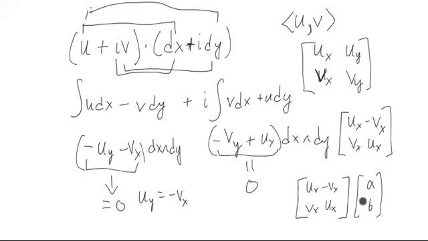So let me just erase this to have a little bit more room to write out what's happening here. Across the top we have UX times A minus VXB.